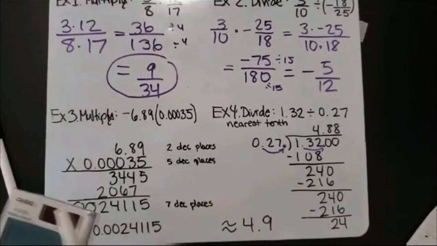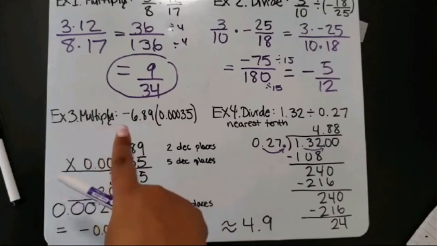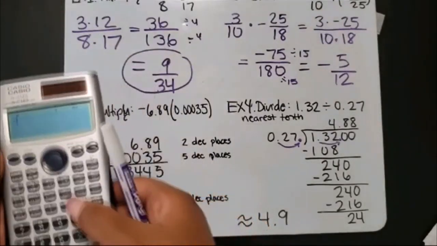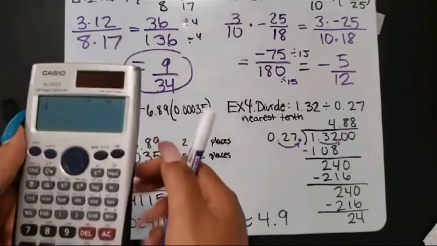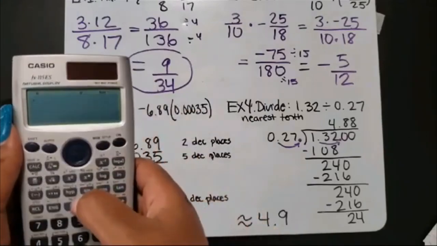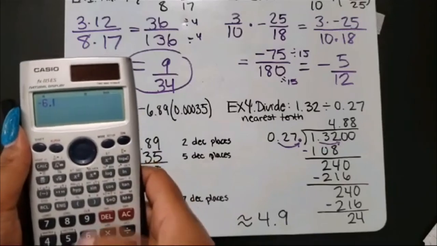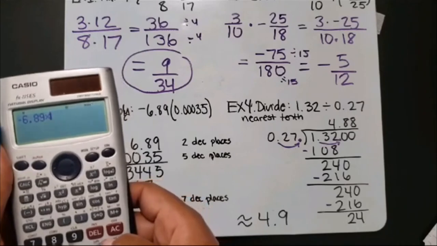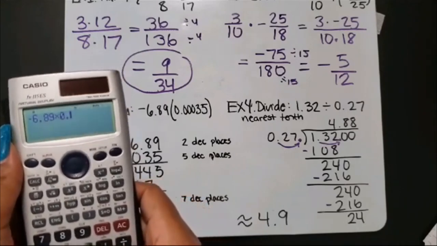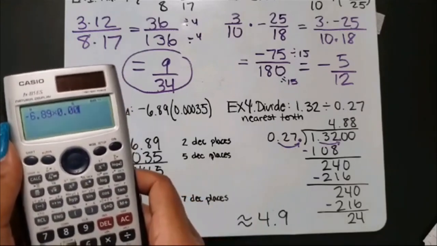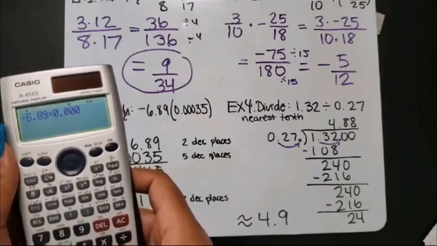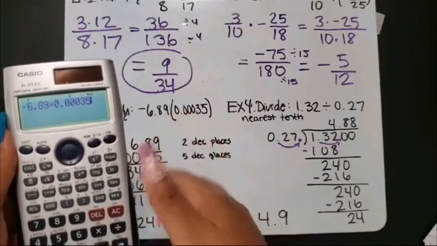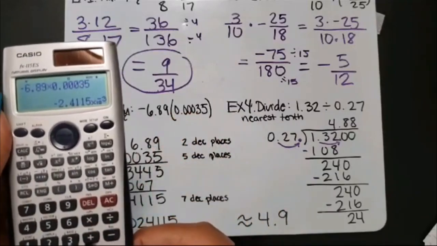So to put it in the calculator, you'll do negative, same way we put it in when we were adding and subtracting our decimals, 6.89, hit our multiplication symbol, 0.00035. Look at it, make sure you got all the right amount of zeros and everything.